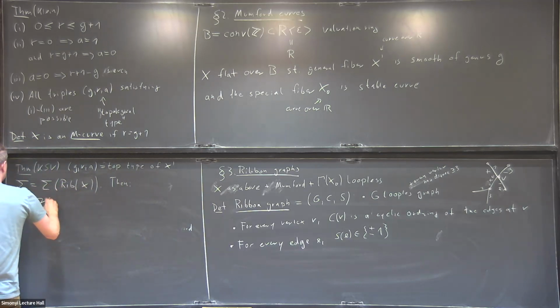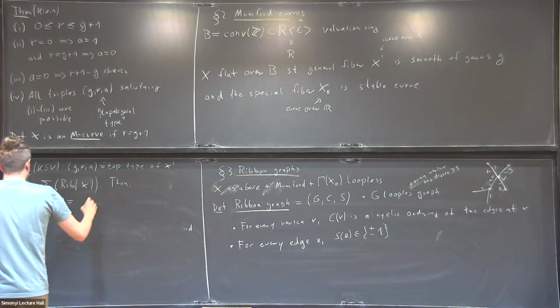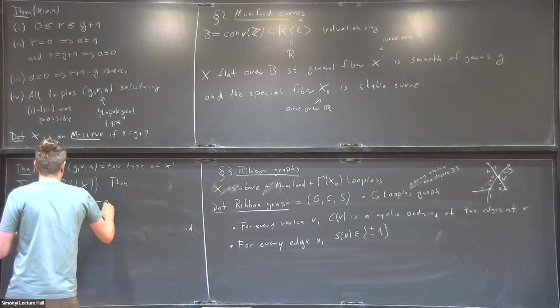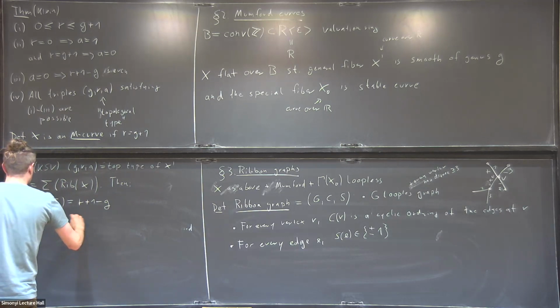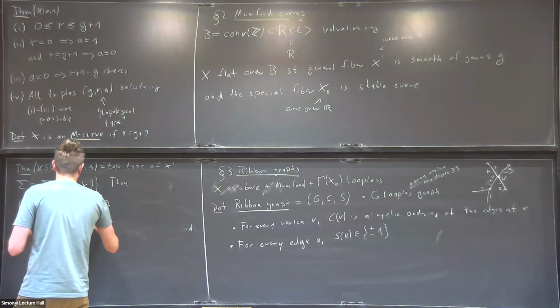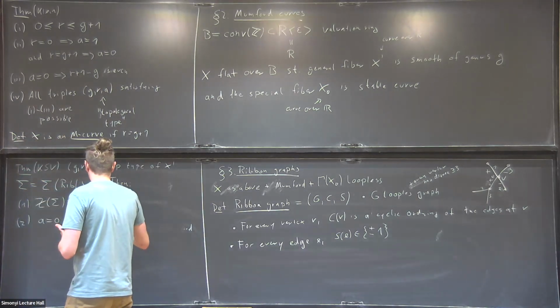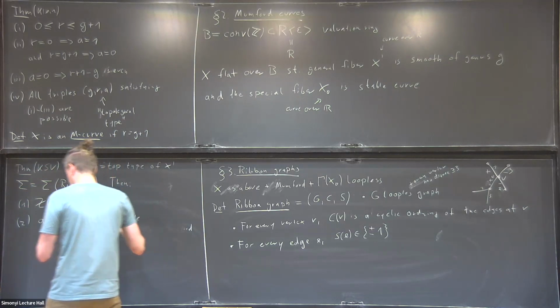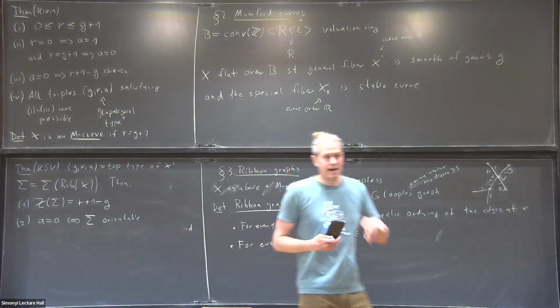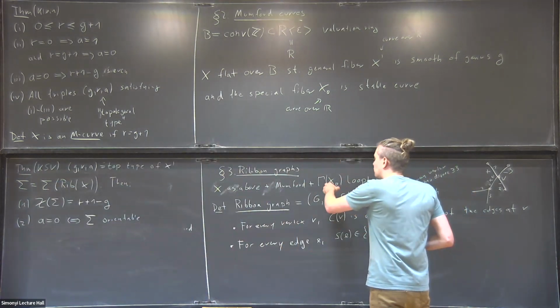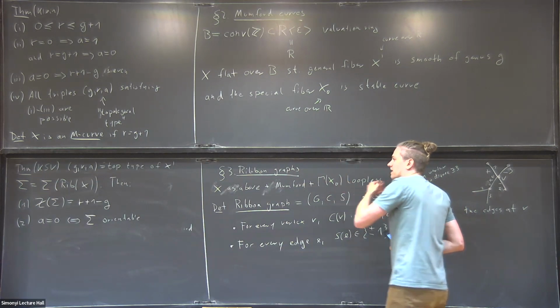So then the Euler characteristic of this surface is R plus 1 minus G. And A is 0 if and only if sigma is oriented. So from this we now get combinatorial restrictions on the topological types of curves that possibly can degenerate to X naught.